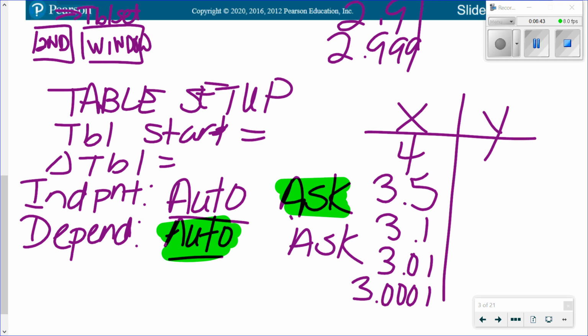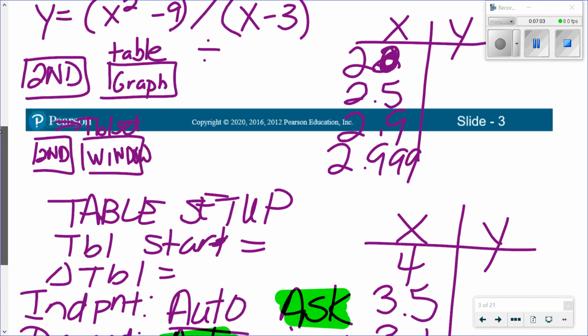So if you look in your calculator, sorry, I'm putting this in real quick so I can tell you what the table of values says. And we put in these numbers that we have in our first table.